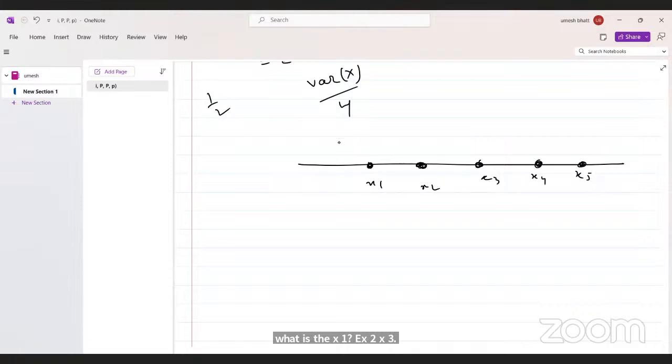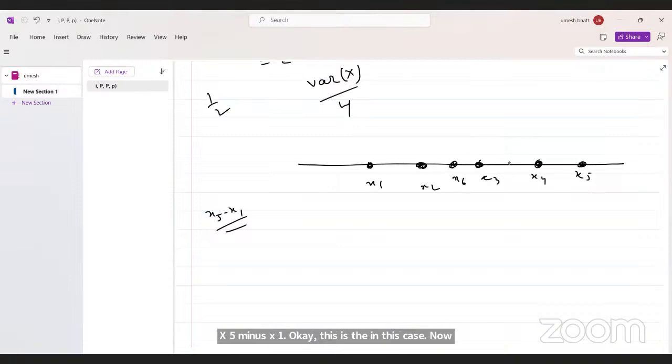The range in this case is x5 minus x1. Now assume I increase the observations: this is my x6 and this is my x7. Does my range increase? But you cannot consider these xi's to be different, because you yourself said that x bar is xi.